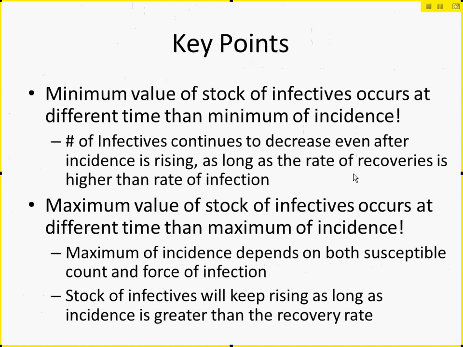The number of infectives keeps rising as long as the incidence is greater than the recovery rate. It may be that the highest force of infection, the highest chance per unit time of getting infected, and the maximum of the incidence occur earlier. The maximum in terms of the number of people recovering or getting infected per day may occur earlier, before that peak in the number of infectives.